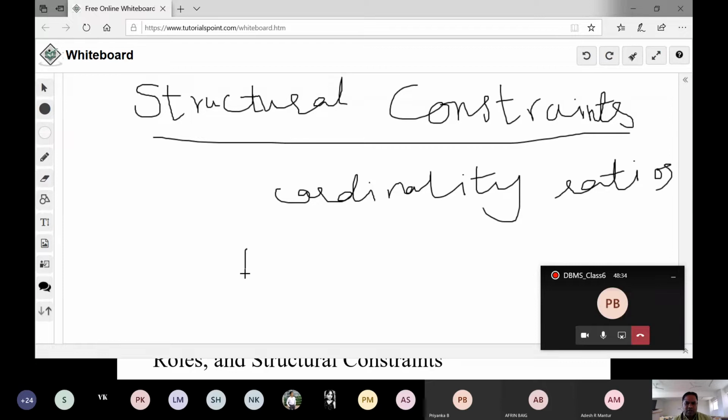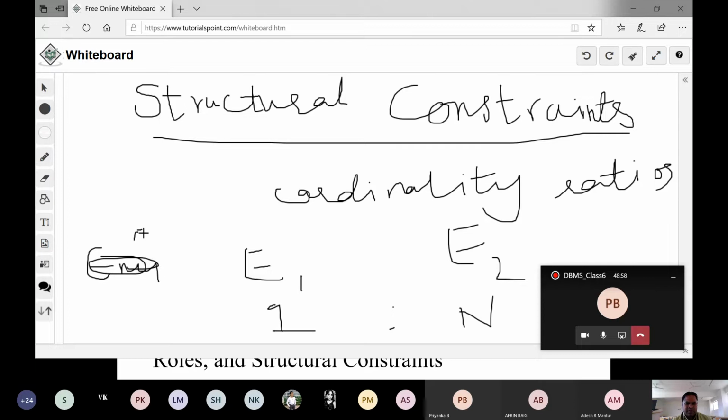Now suppose I have E1 as one entity and E2 as another entity. If I write 1 is to n, imagine I consider this as department, because one department will have n number of employees, no?